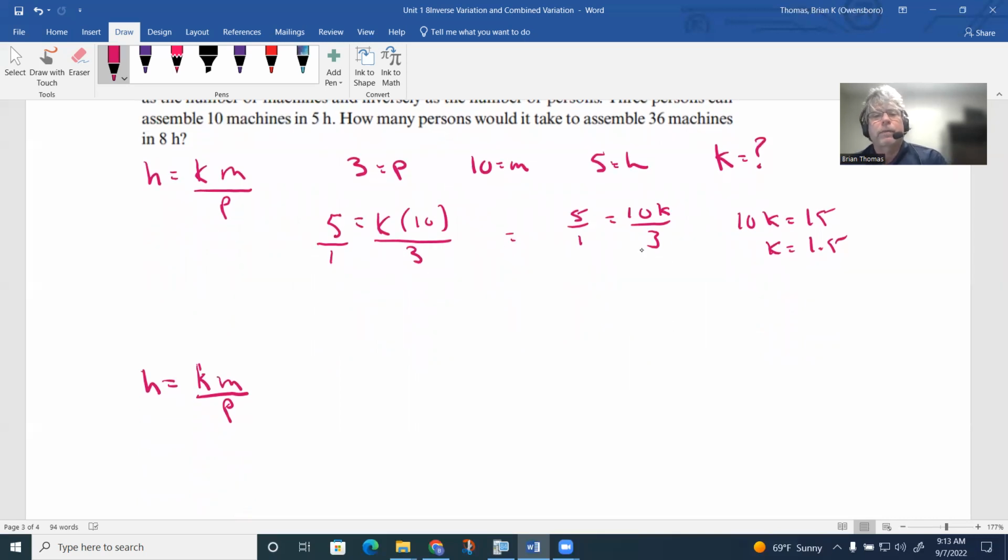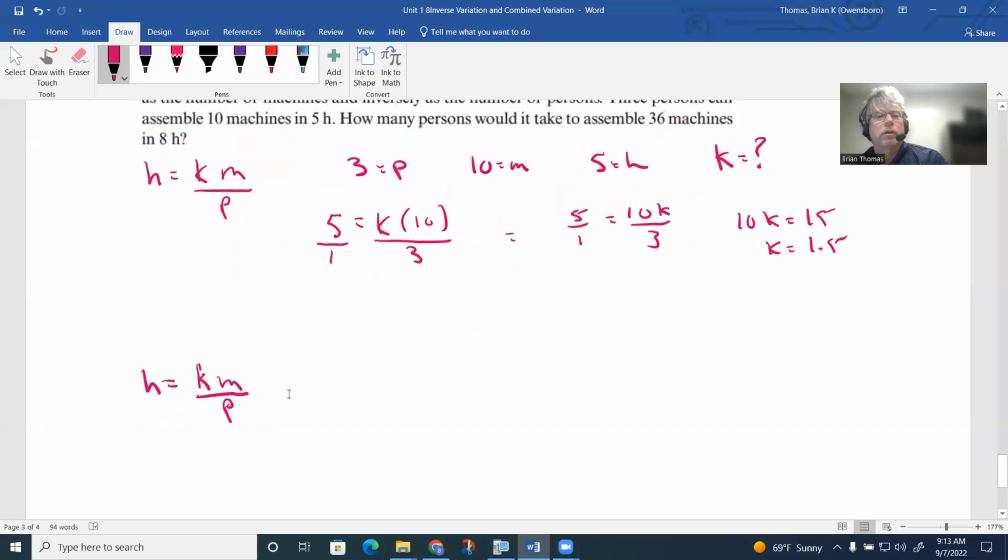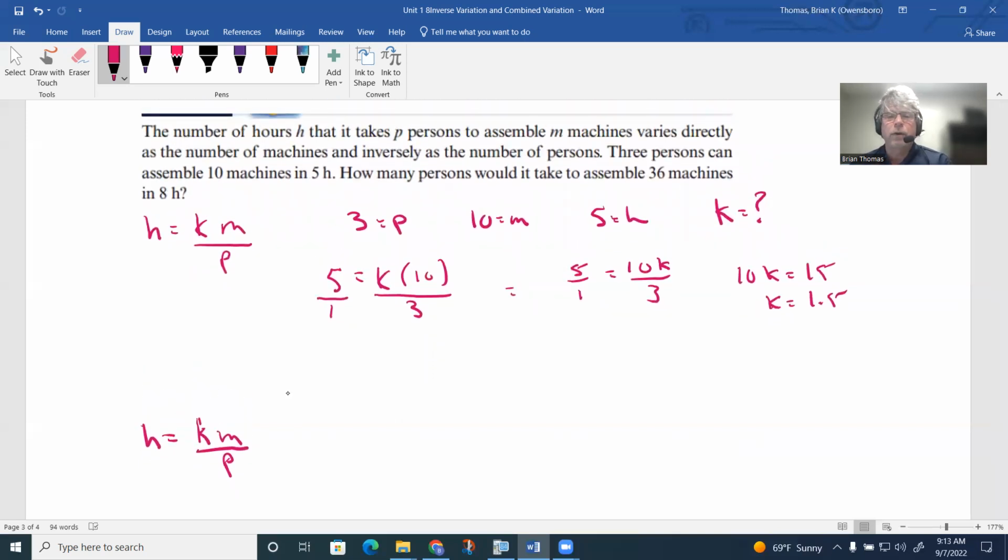So now I'm looking for how many persons it would take to assemble 36 machines in 8 hours. What I do know now is in our formula, the hours varies directly with machines and inversely with people, and the constant of variation we now know is 1.5. So we have 36 machines in 8 hours. If I substitute in our formula, we know the 8, we know the constant of variation is 1.5, we know the machines is 36, but what we don't know is the number of people.